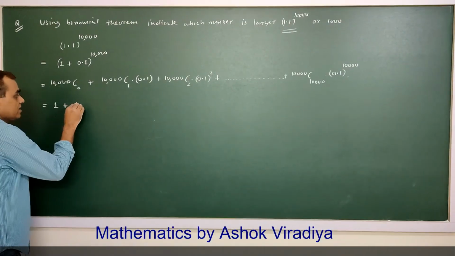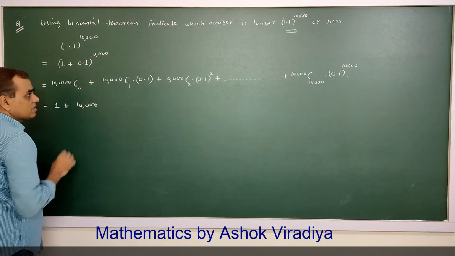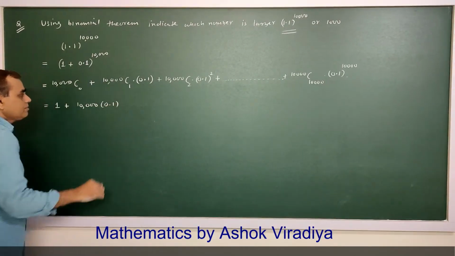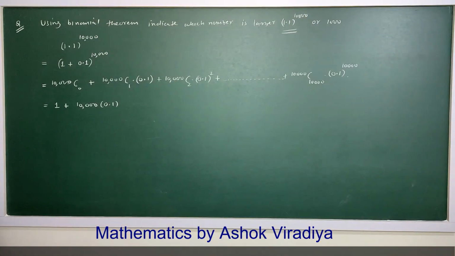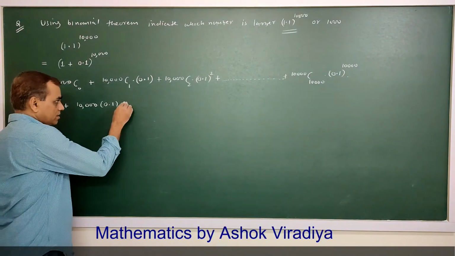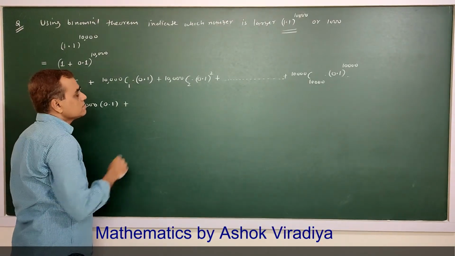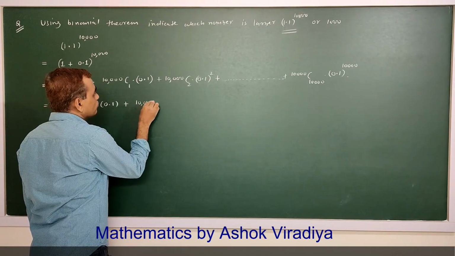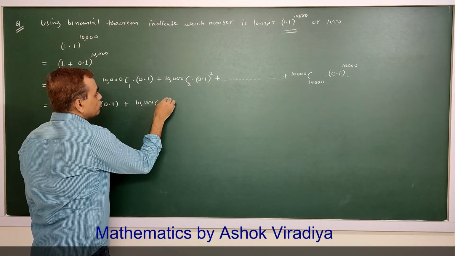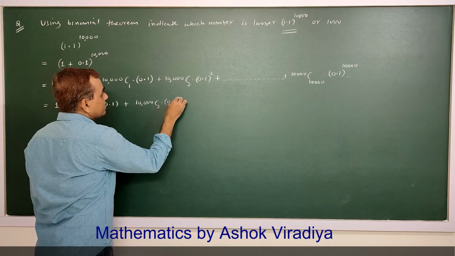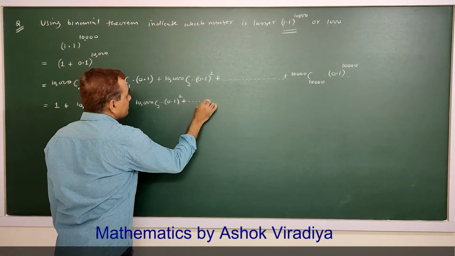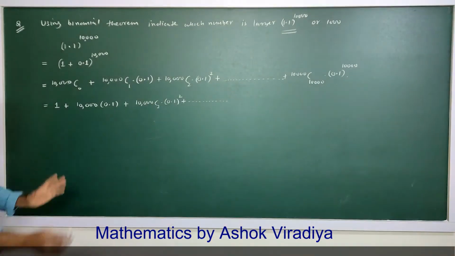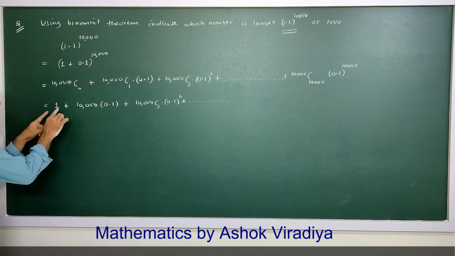10,000C1, which is 10,000 into 0.1, plus 10,000C2 into 0.1 square. These numbers we keep as they are. Leave these other numbers as they are. In the calculation we require only these numbers.